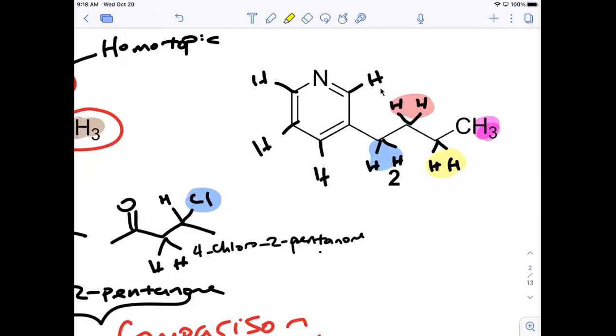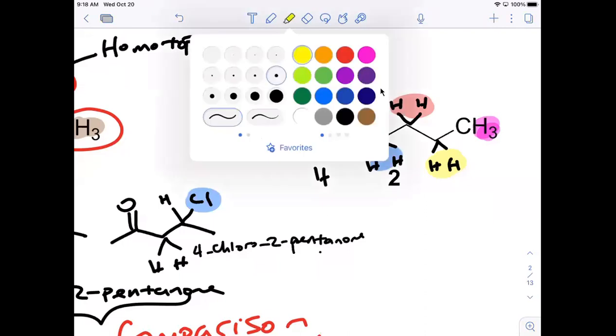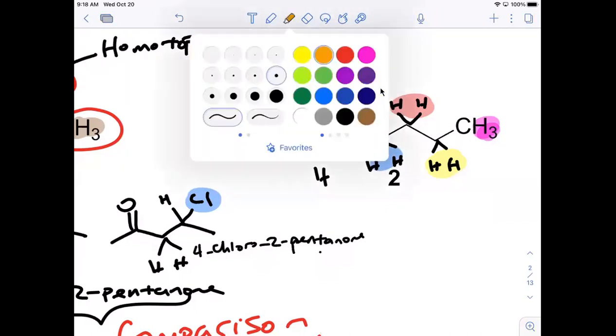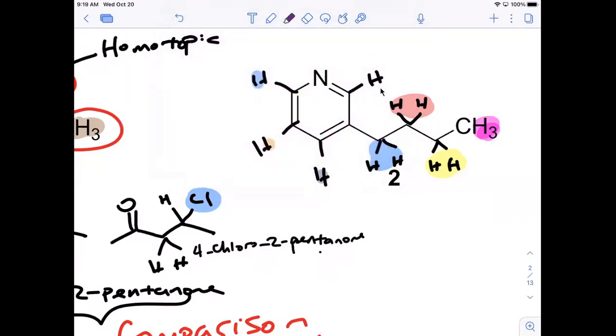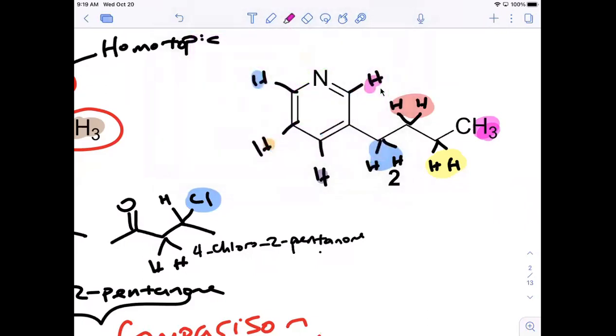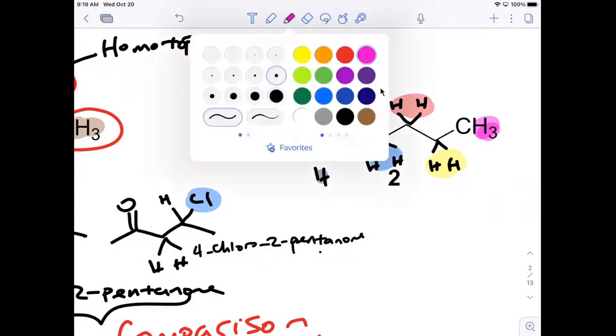All right. So on the ring, we're going to say that everything in the ring is different. Because if you change any of these out with a different atom, you're going to get a different isomer for any one of those. Oh, hold up, that's the same color as the CH3. I don't want to do that.